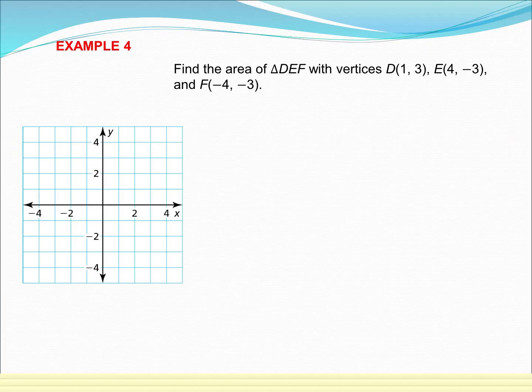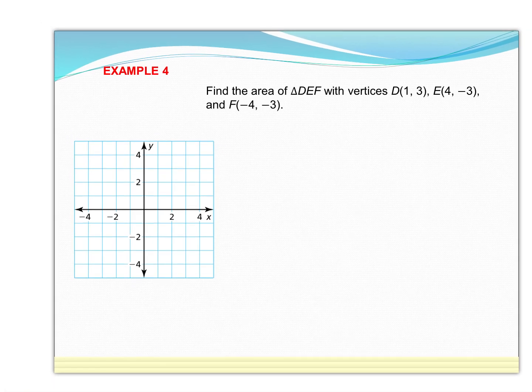So our last problem here says find the area of triangle DEF with the following vertices. So we have to be very careful here and graph correctly, right? D is 1, 3, so that would be here. E is 4, -3, so it's here.